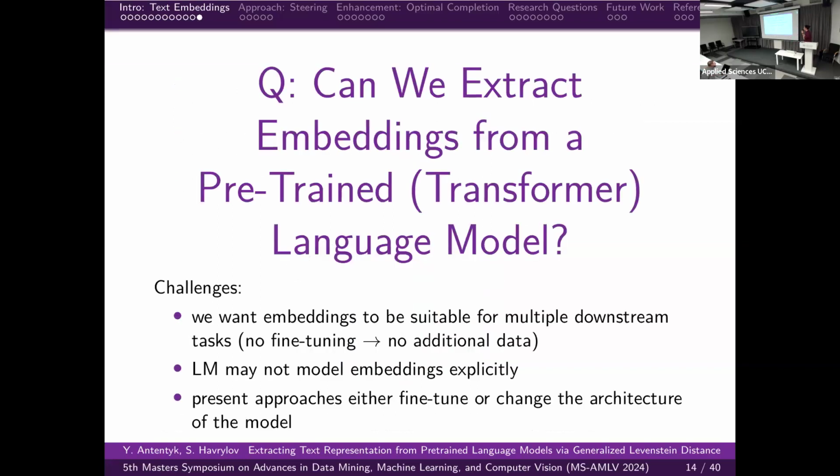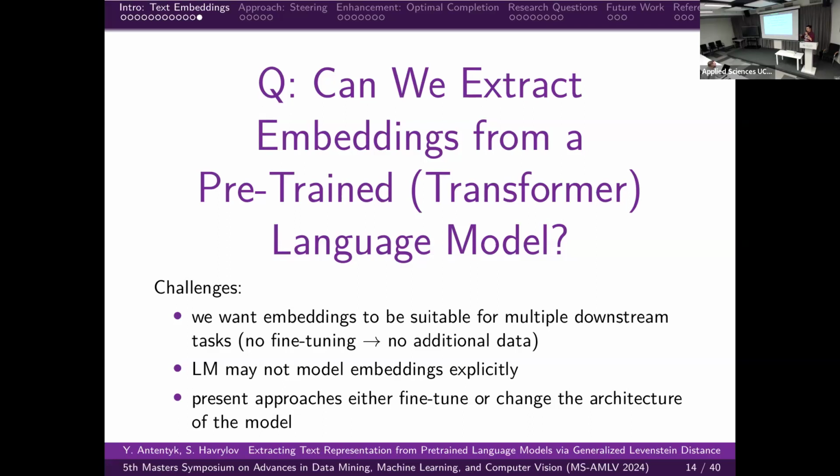Yeah, and so the question we would like to ask in this work is whether we can extract embeddings from a pre-trained language model, which may be a transformer, but not necessarily, maybe any other model. So the problem is as follows: you have a pre-trained language model, you have some sentence.